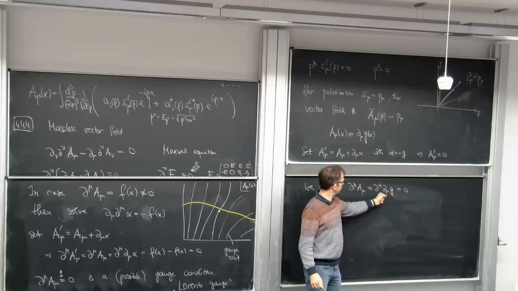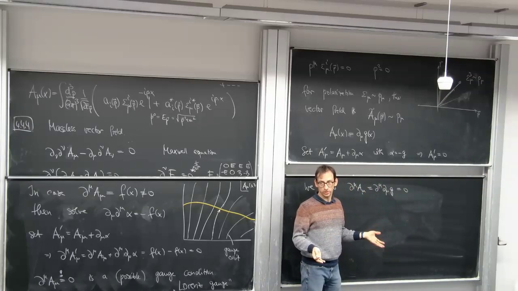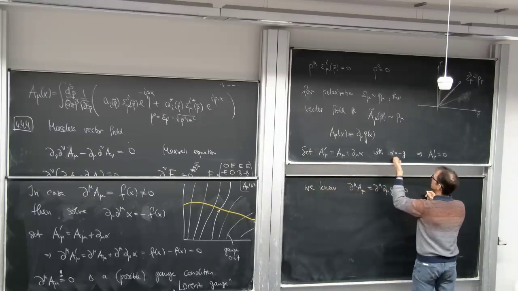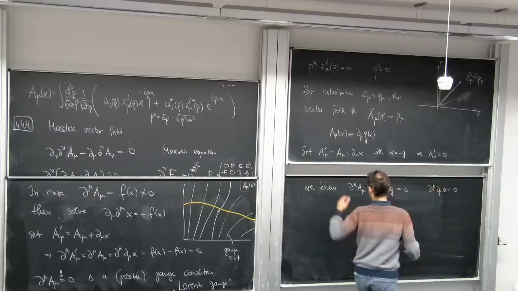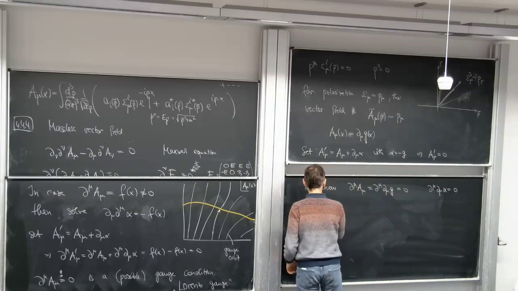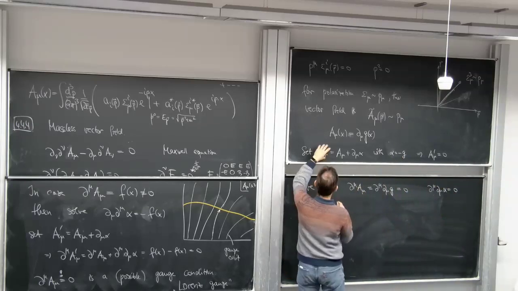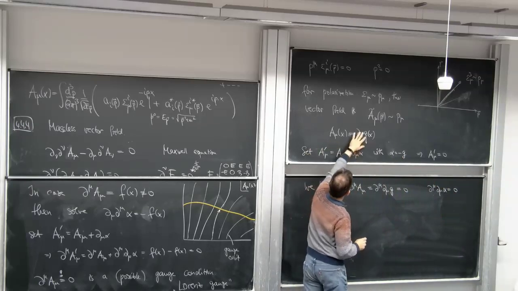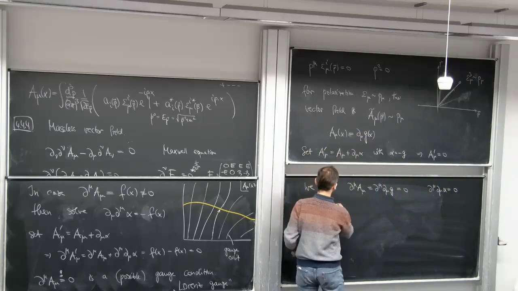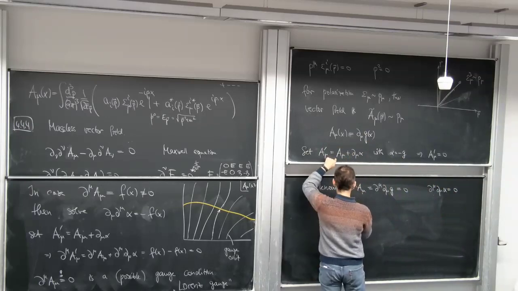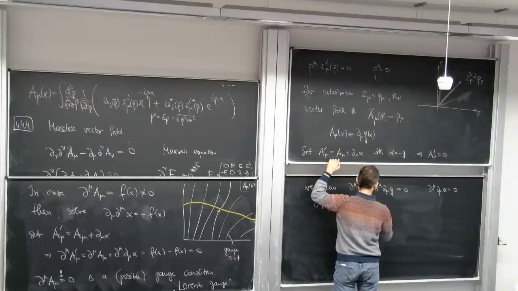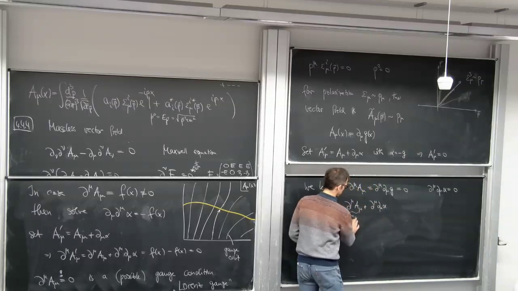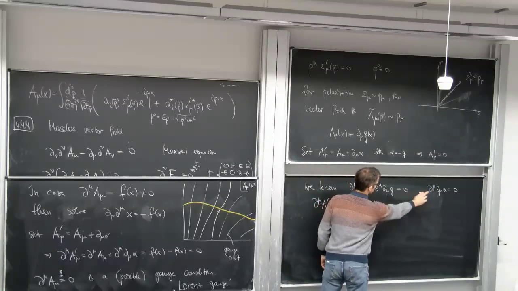We know that the G satisfies the wave equation. So if alpha is minus G, we know that the wave operator of alpha is 0. And then we can compute the divergence of this new thing, the new thing that doesn't have this gradient part. And that is d mu A mu here plus d mu d mu alpha. But this thing was 0 because this is how we started, and this is 0 because we just figured it out.